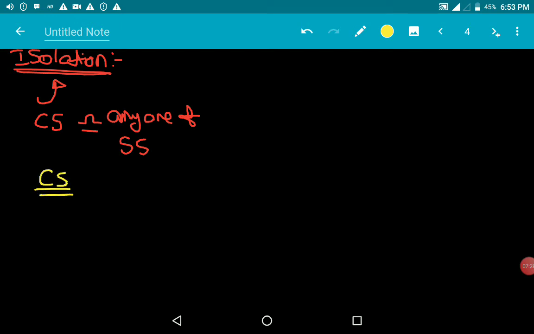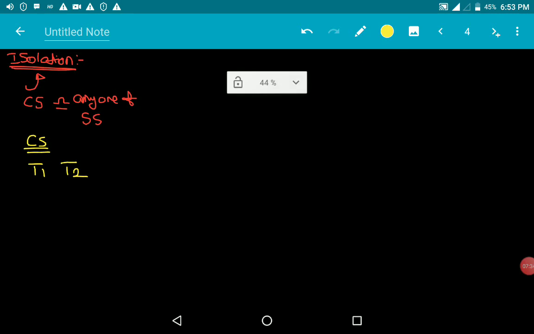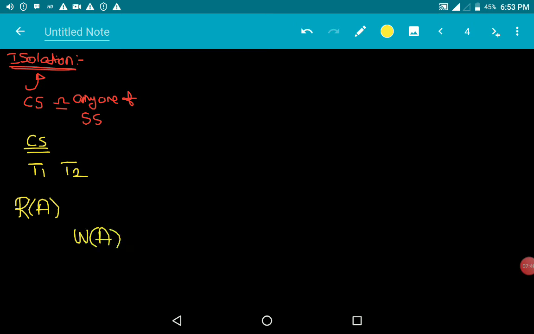For example, take concurrent schedules of T1 and T2. For simplicity, I will take two transactions. T1 is read A and write A, T2 is write A and read A. This is a concurrent transaction. These concurrent transactions should satisfy the isolation property. We can check it.